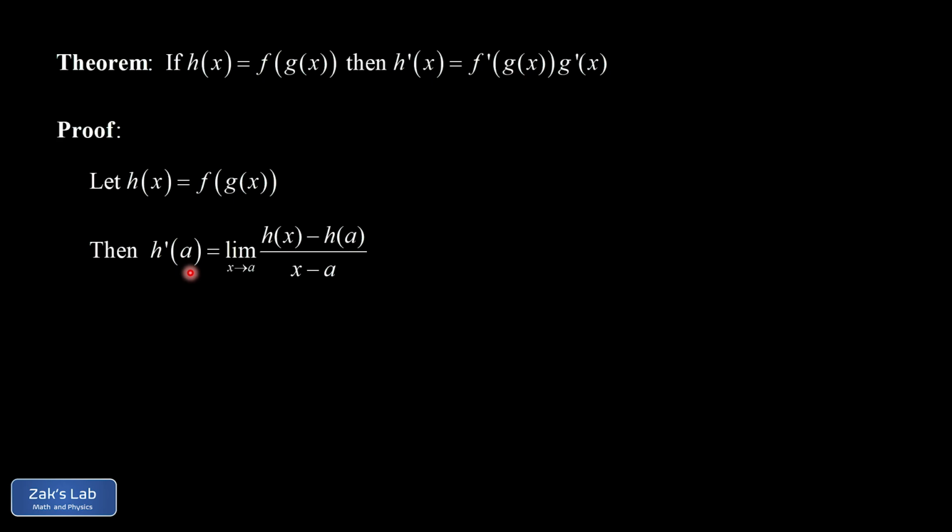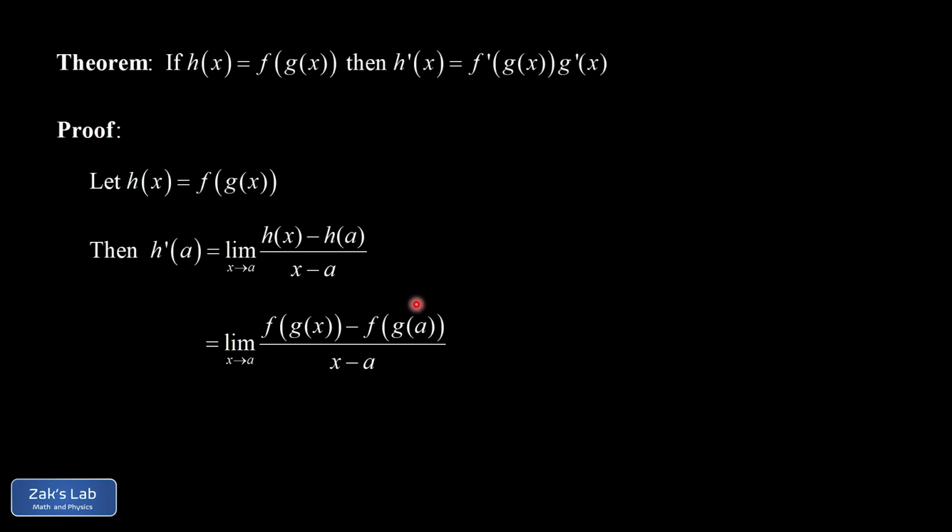So the next thing to do is sub in the definition of h. And there it is, h is f of g of x, so we just sub in x for the argument in that first term, a for the argument in the second term. But notice what we're looking at in the numerator here. I have a variable value, g of x, in the parentheses of my function f. So I have f evaluated at some variable value.